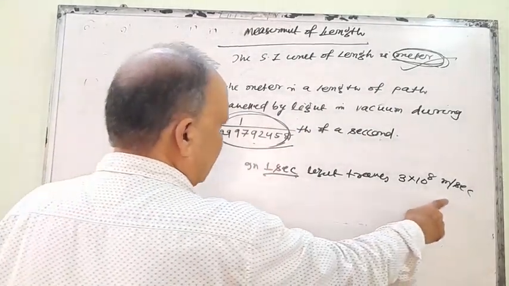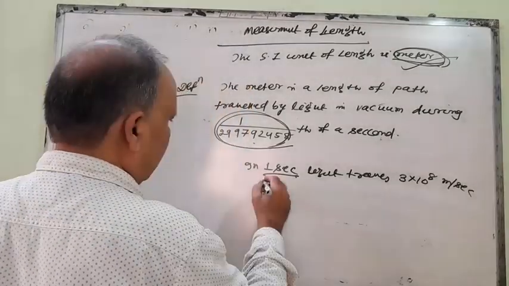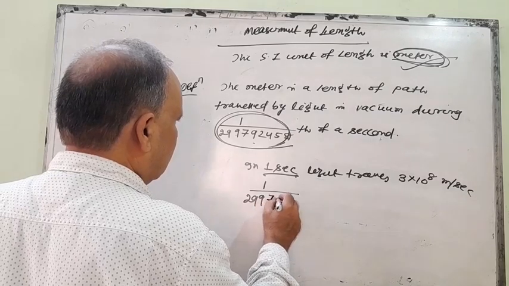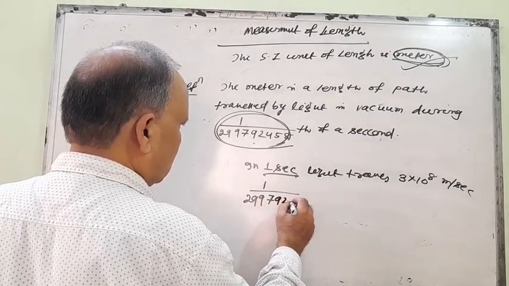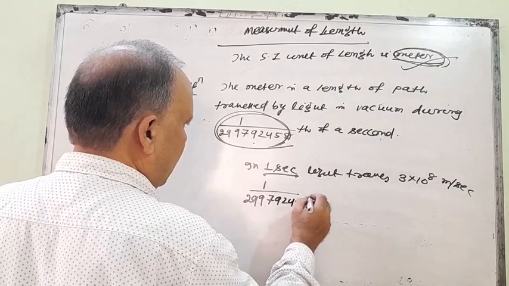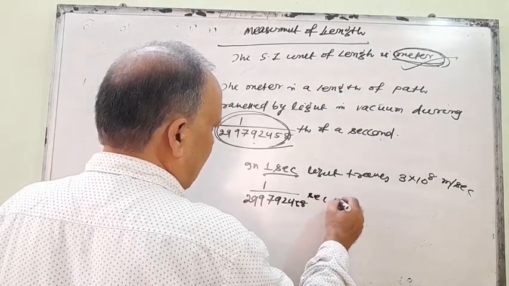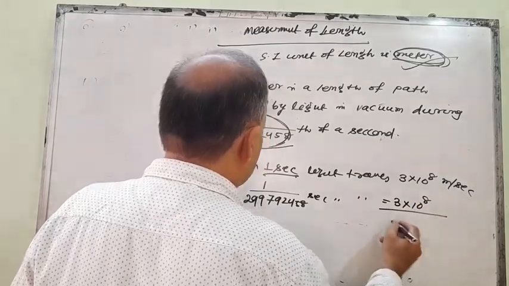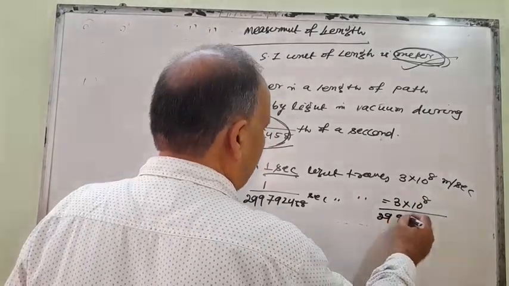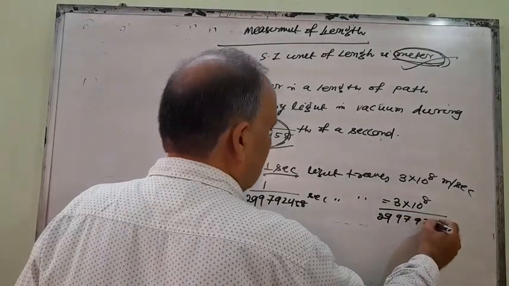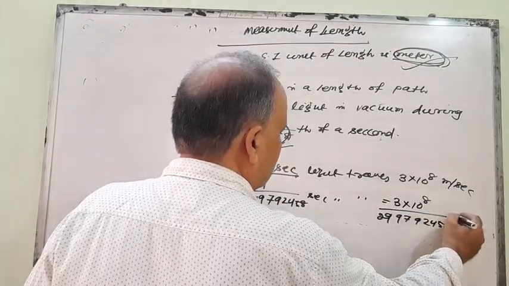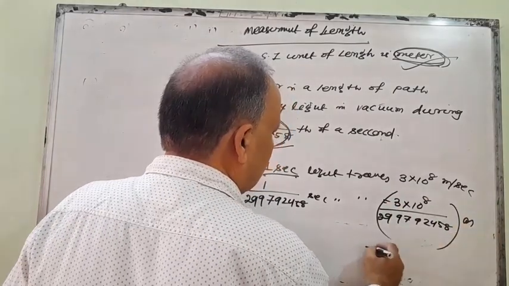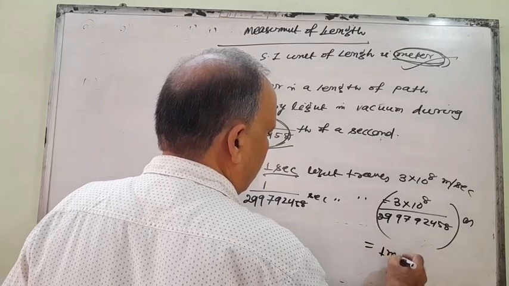In 1 second light travels this. So in 1 by 299,792,458 of a second, the light travel is equal to 3 into 10 to the power 8 divided by 299,792,458. This length is equal to 1 meter approximately.